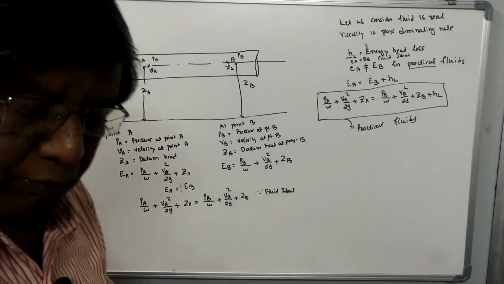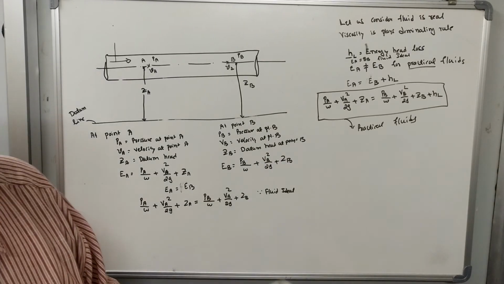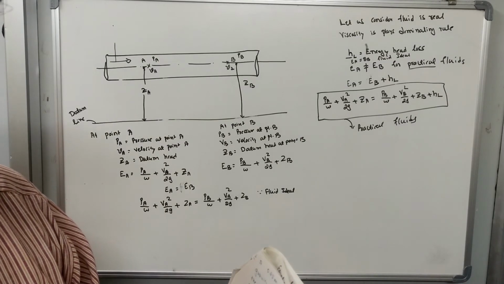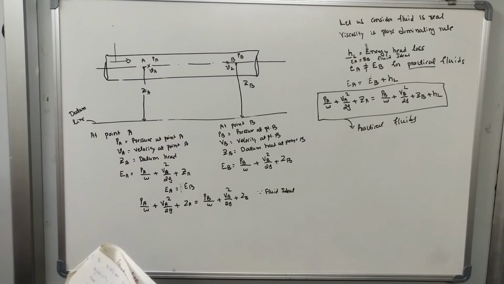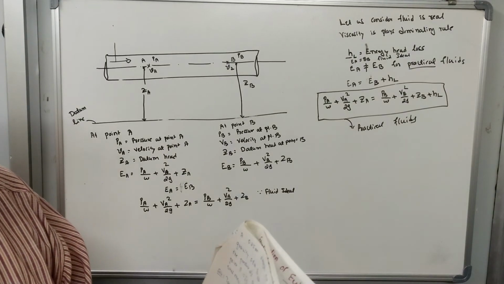So now we'll solve one problem, a simple problem. Take a 0.25 meter diameter pipe carrying oil of specific gravity 0.8. The rate of flow is 120 liters per second, and the pressure at point A is 19.62 kilonewton per meter square.